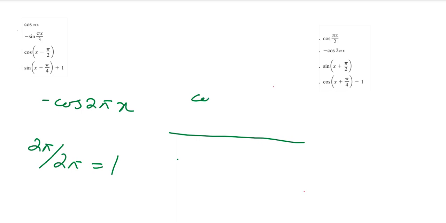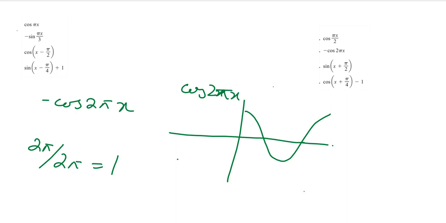So it's good to draw the original graph so you can easily relate that with the next one. Okay, cos x is of this type. cos 2 pi x will have a period of 1. It ends up at 1. It starts from 0.